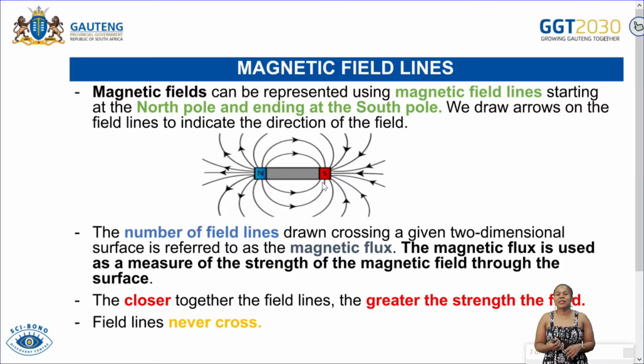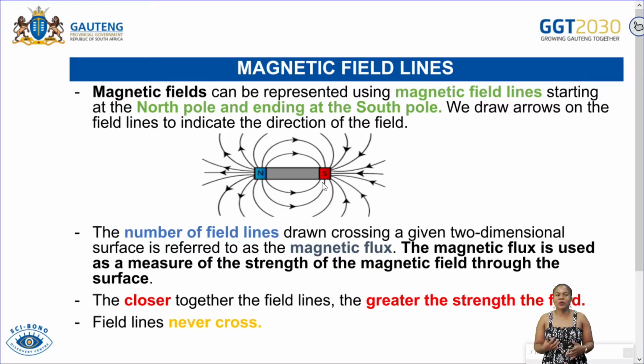Okay, so that means the magnetic flux has a direct relationship with the magnetic field strength. If we have more field lines drawn, that means we have a higher strength of the magnetic field. So that is why we say there is a directly proportional relationship between the magnetic flux and the magnetic field strength.